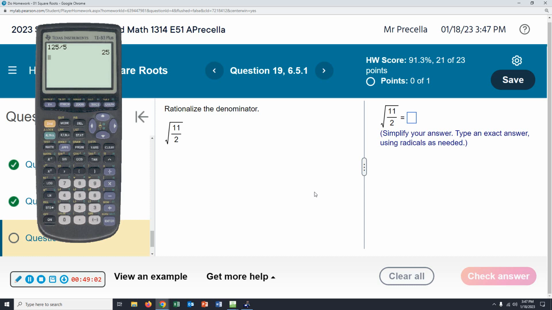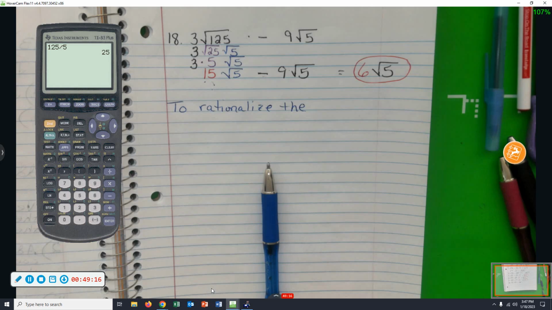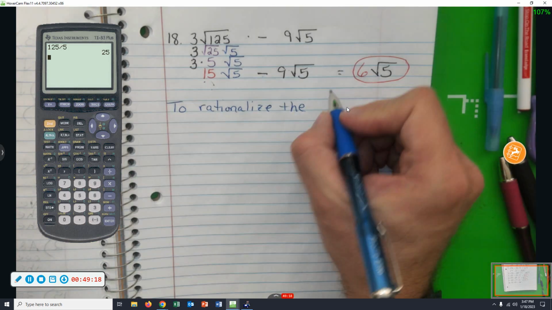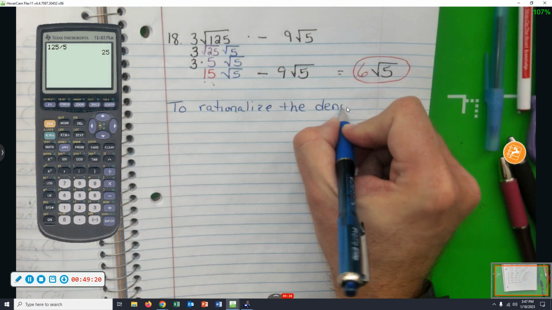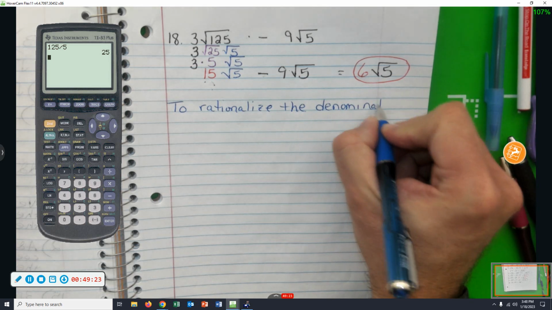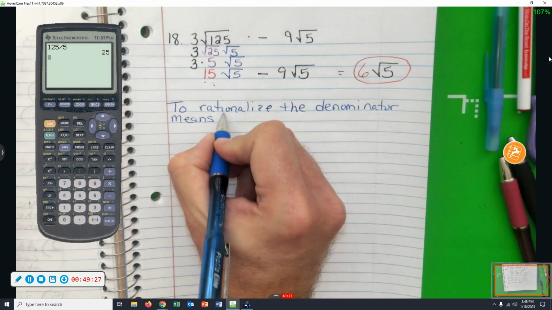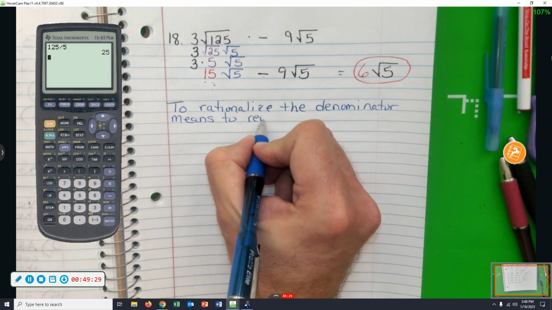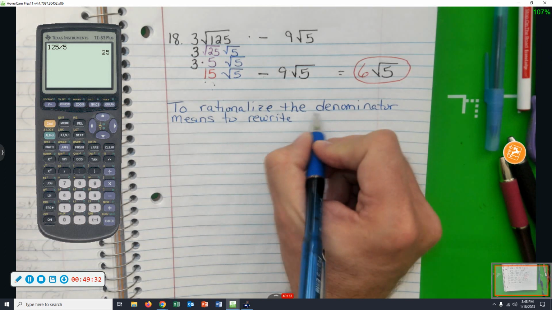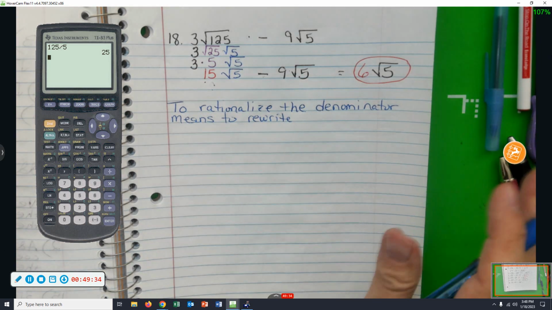Okay, before I write down problem number 19, the instructions say rationalize the denominator. Maybe you should state what rationalizing the denominator means. That's what I'm going to do. So, to rationalize the denominator means to rewrite the fraction. If you have a denominator, that's the bottom of a fraction.